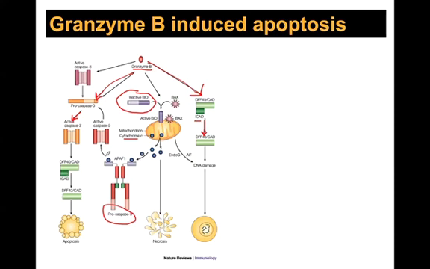Essentially what that does, it reinforces the caspase 3 pathway. So you can get caspase 3 from this way, or from BID activation and release, you get caspase 9, which then will cleave caspase 3. That's the backup plan.